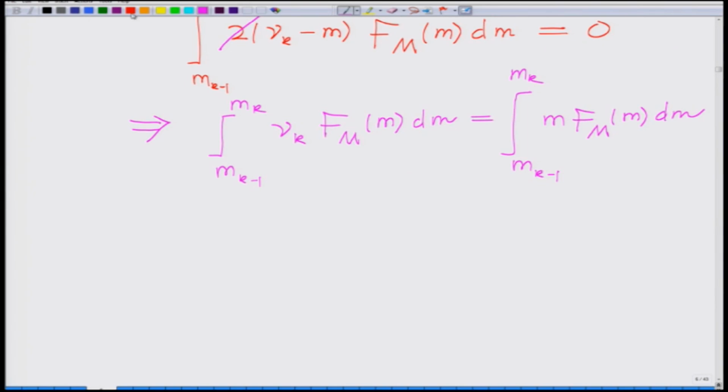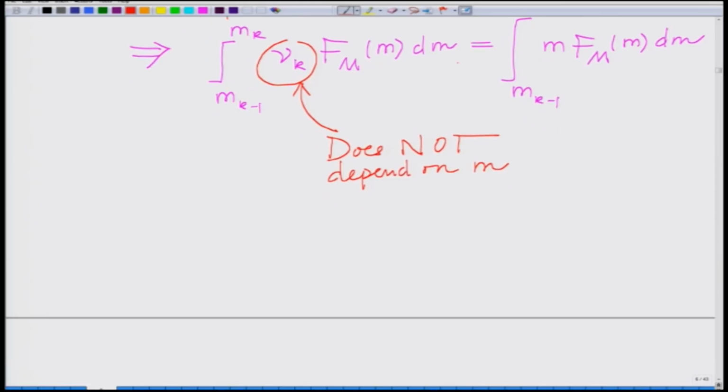Now, observe that nu k does not depend on m, the sample value. The integral is with respect to m, therefore nu k is a constant with respect to m. So, it can come out of the integral, and that will lead to the simplification.